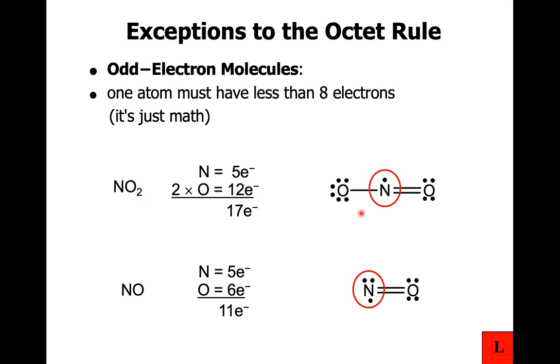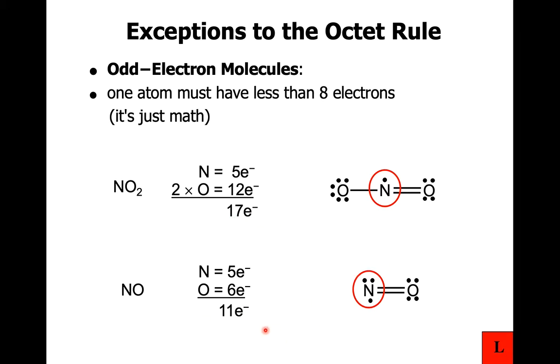And since you have 17 electrons, there's no possible way to simultaneously satisfy all of the atoms, because an octet is 8. 8 is even, and so any combination of evens would be even, and so how are you going to satisfy an even count with an odd number? So it just does not work out.